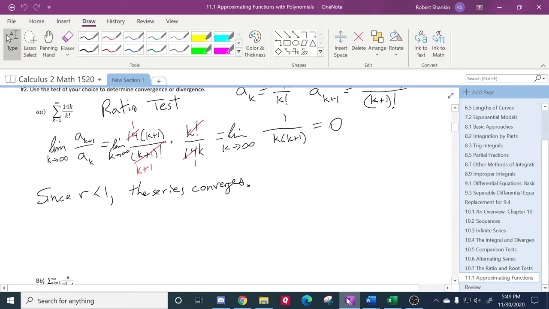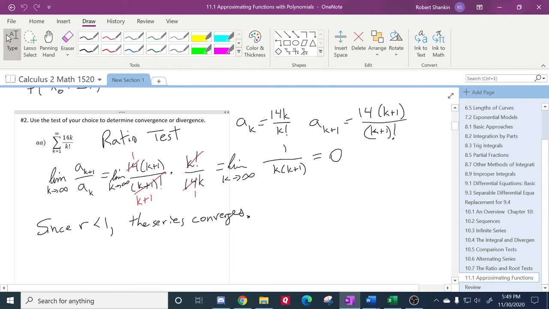I'm not sure I understand that question. Oh, this k plus 1 could have canceled. Oh. That's right, there was a k plus 1 in the numerator that I had overlooked.